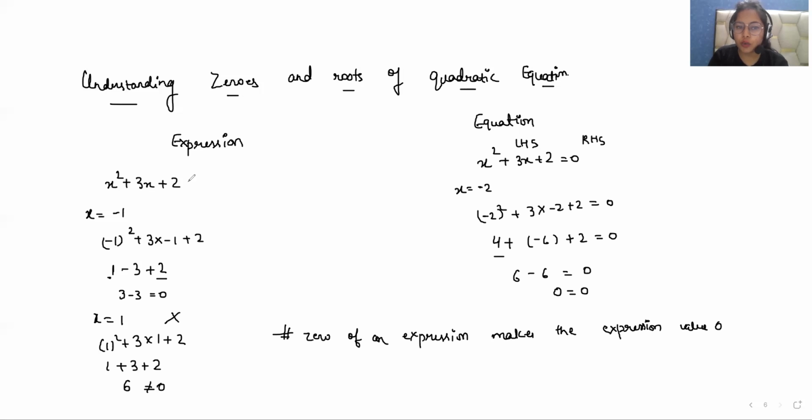Here we did not put it equal to 0 and then compare it. Here we find the value and see whether it is equal to 0 or not. And here we check it. If it is equal and satisfied, then it is considered our root. And roots of an equation satisfy the equation.